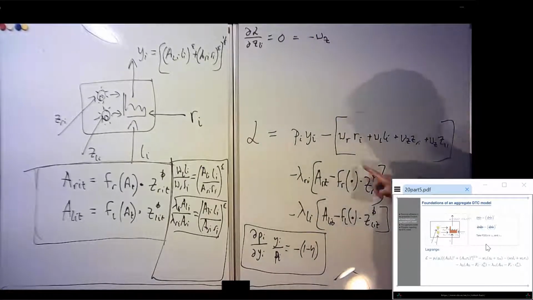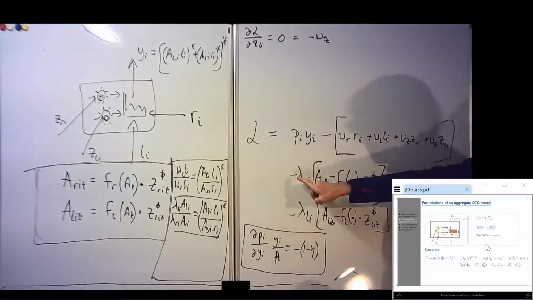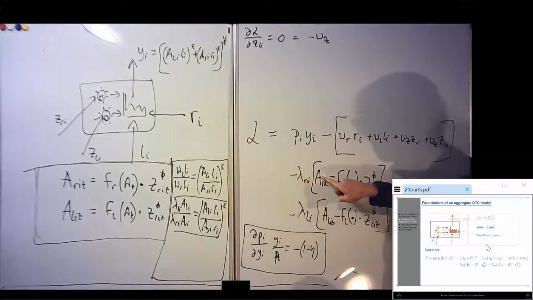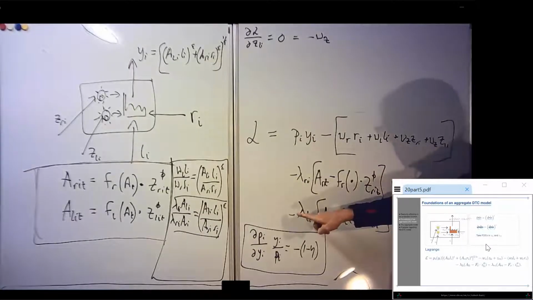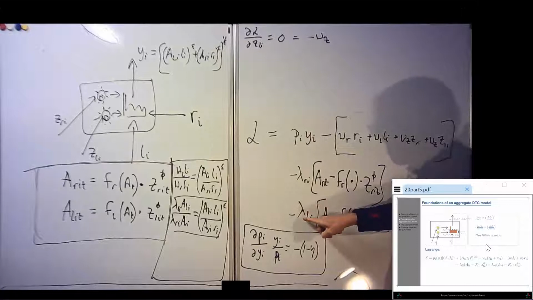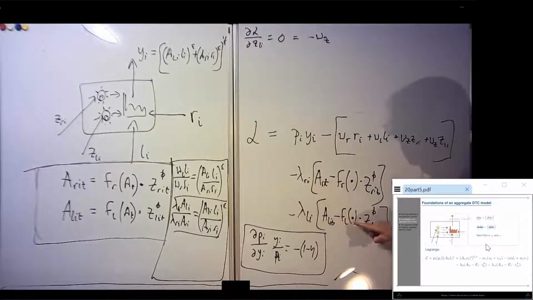And then we've got minus plus. Oh, we're on the L's, sorry. Minus is plus, lambda L, FL of A, and then this. So it's 5 times lambda Li, FL of A, ZLi to the 5 over ZLi.